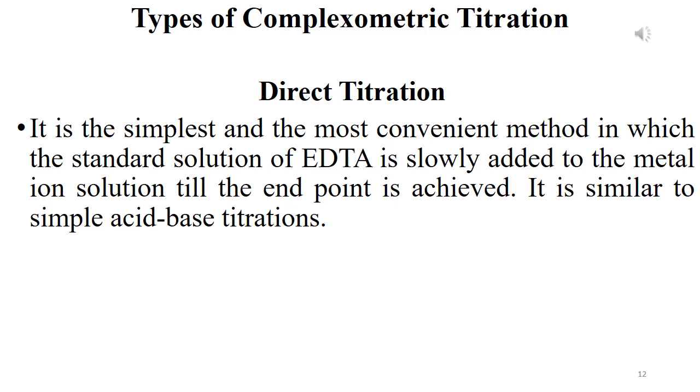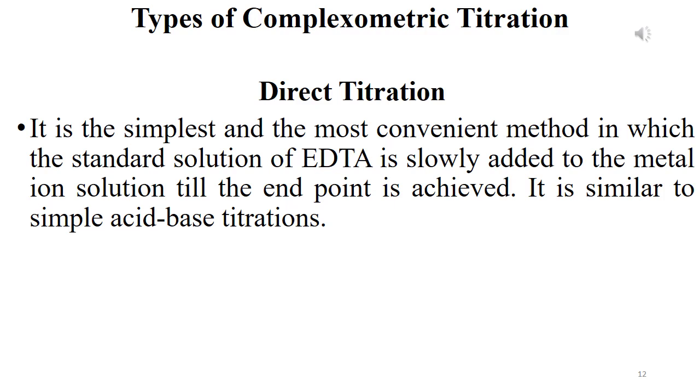In this titration, you take the unknown sample metal ion solution in the flask, and you take the standard solution of EDTA whose concentration is known in the burette, and you add indicator in the flask. For example, EBT forms a complex with the metal ion, and its color is wine red.